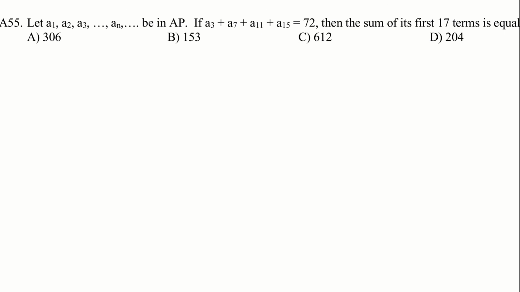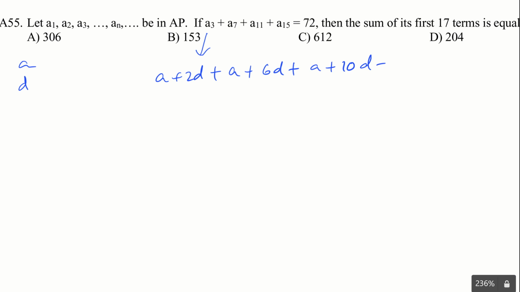Now in this problem, you can see that it's a3. If I assume first term a and common difference d, a3, next a7, a11, a15.